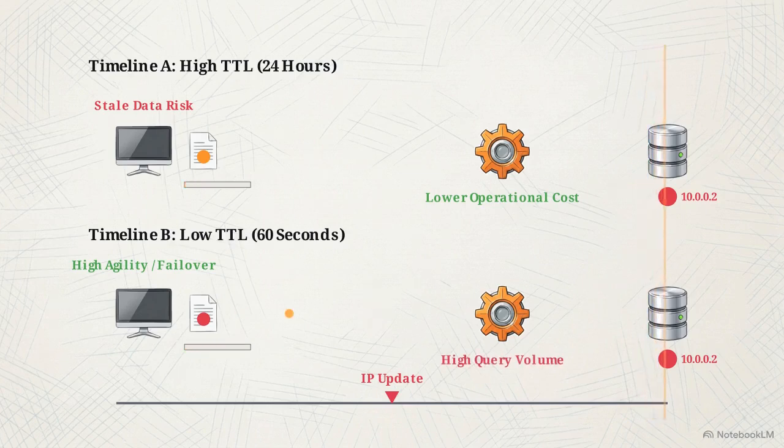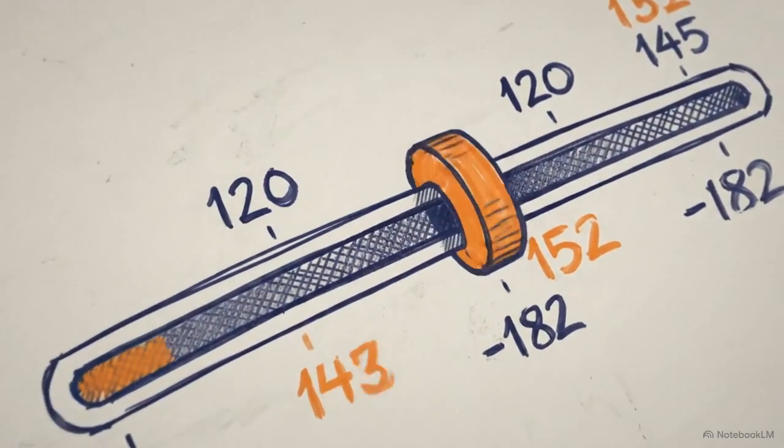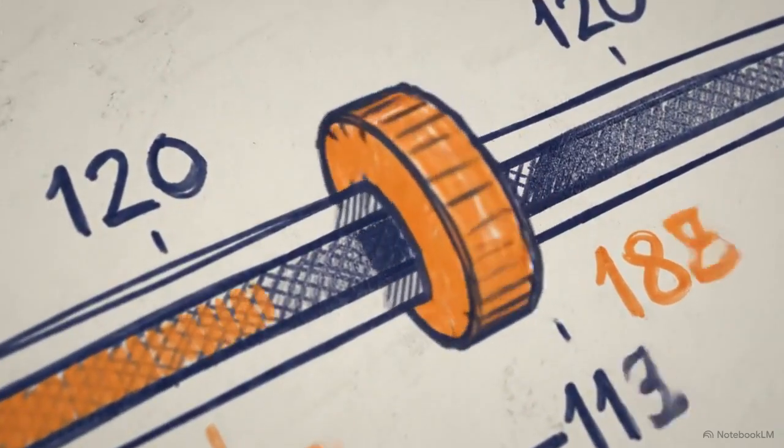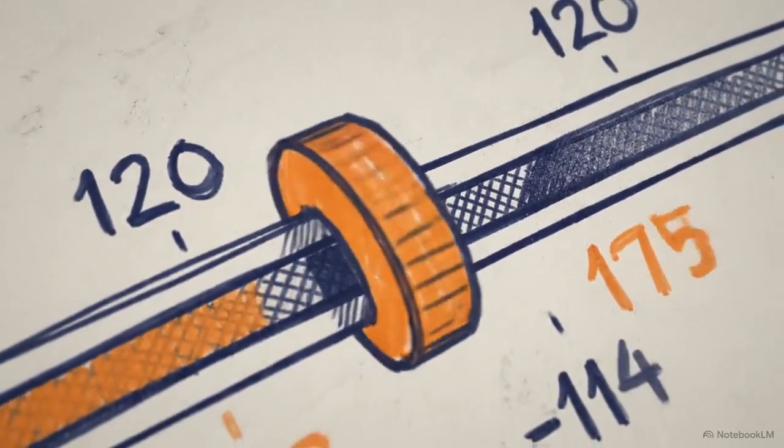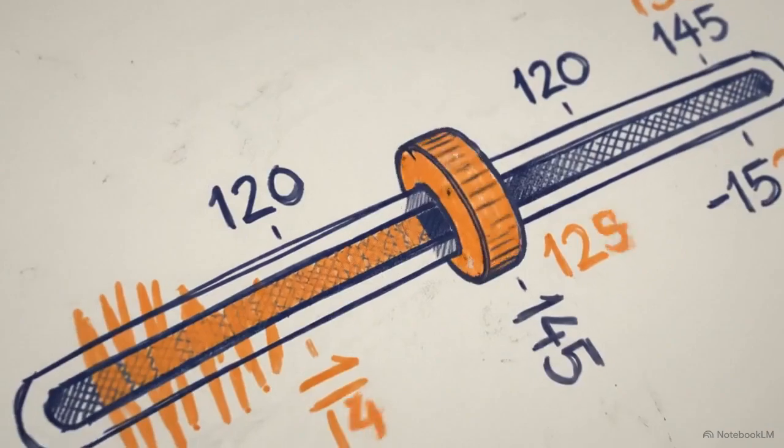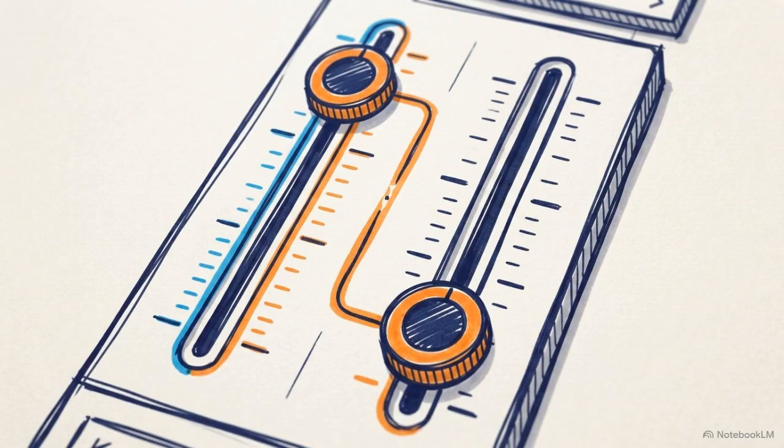This provides high agility for failover operations, but it significantly increases query volume and operational charges. For alias records, Route 53 manages the TTL internally to optimize resolution for AWS resources, removing the need for manual configuration. Effective record engineering requires selecting the correct record type to bypass protocol limitations while balancing the economic trade-offs of caching.